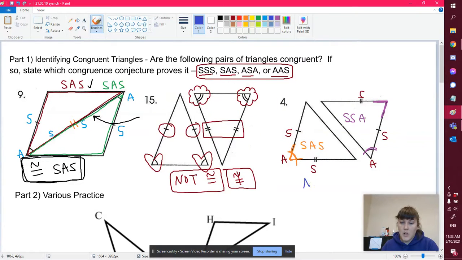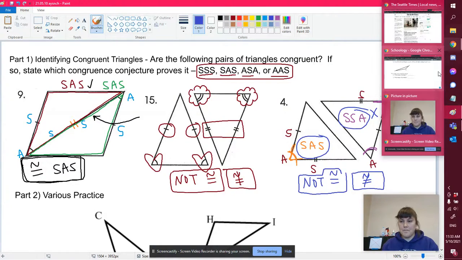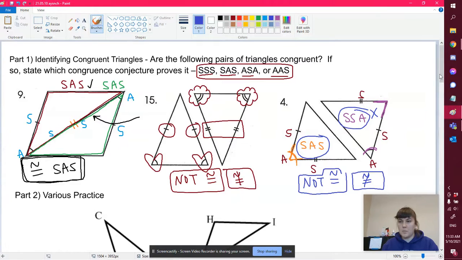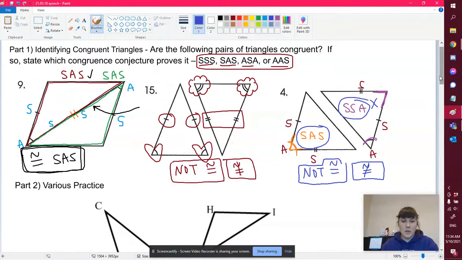These are not congruent, or we haven't proven that these are congruent. This isn't even one of our conjectures anyways. This is the one where we were able to find 2 triangles that had this but weren't the same. So be careful on those. I think there's 15 of them, so try those ones out.